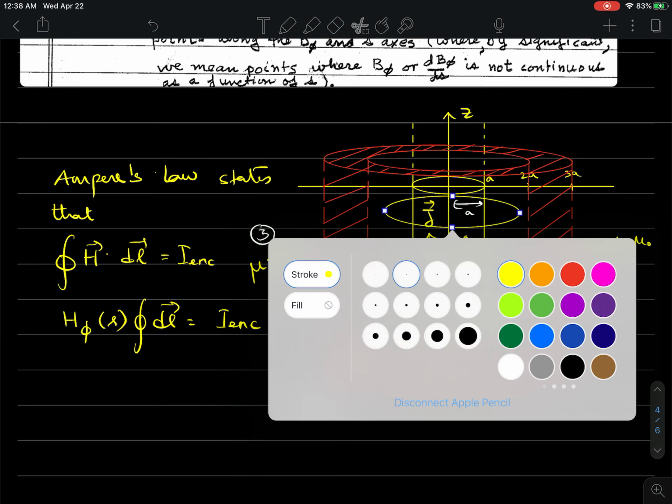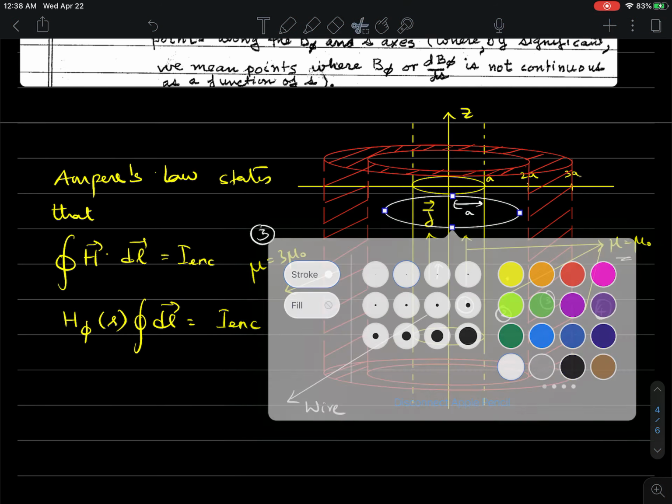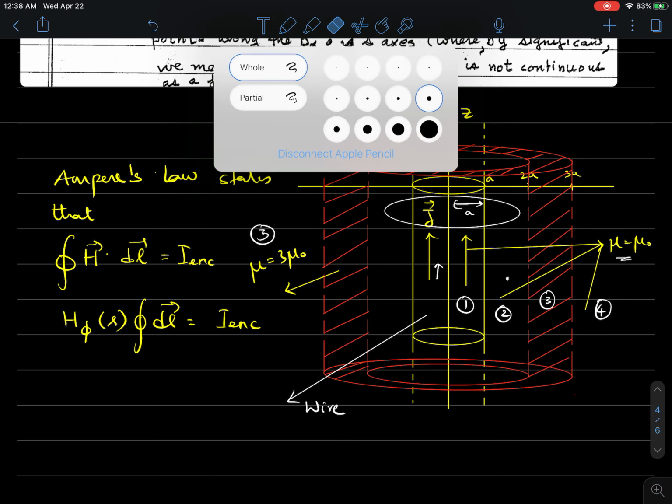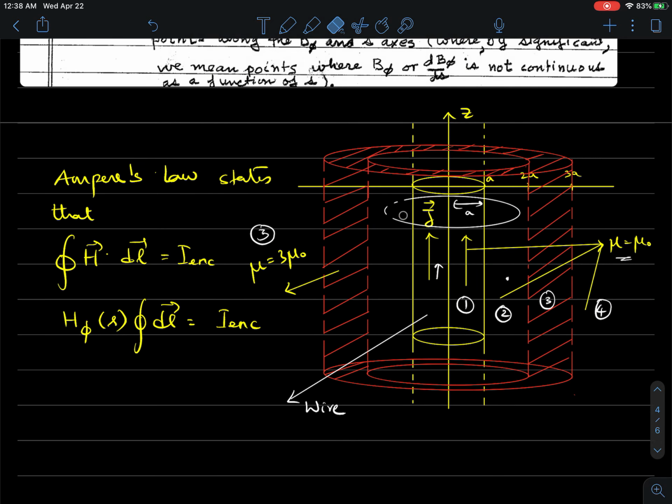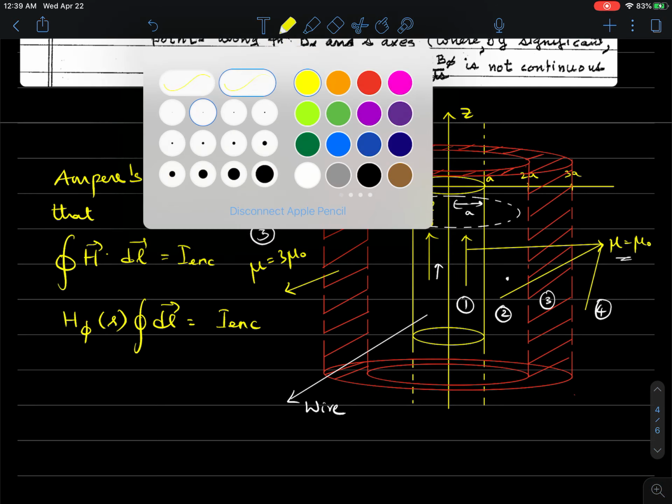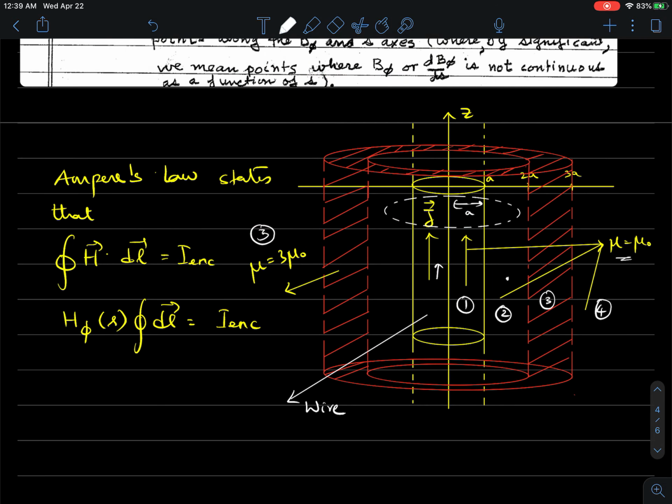Let's say its radius, measured from the center, is s.